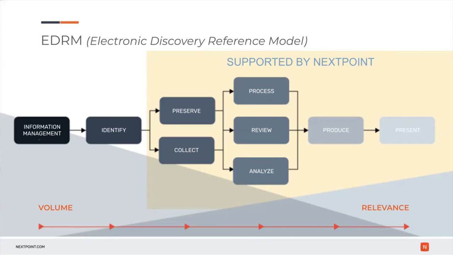Next Point can come in at the preserve and collect phase, but this isn't necessarily something that is supported by the software. This is one of our professional services that we provide. The software really comes into play once you have all of the data and you want to start culling it down by reviewing and analyzing it to then produce and potentially present the information in court if it makes it that far.